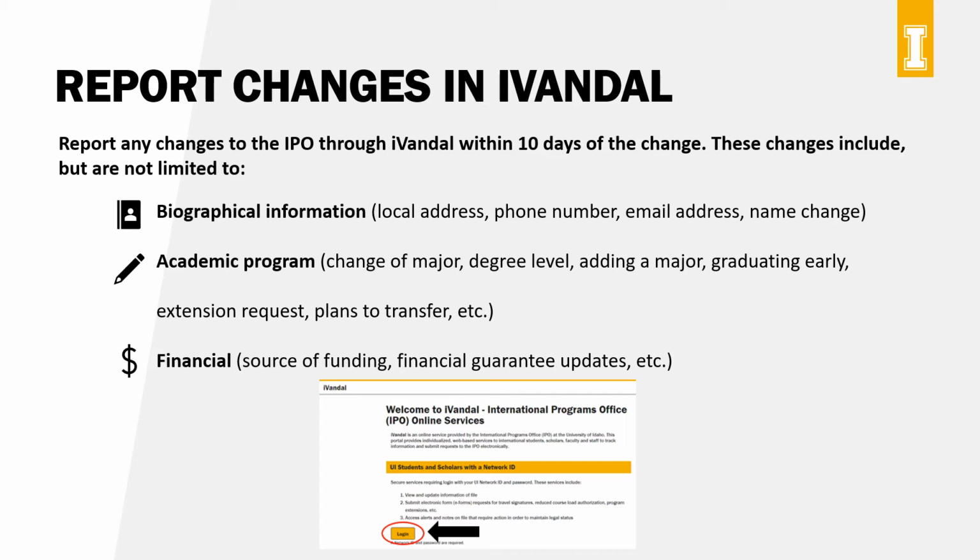If you have any changes to your financial records, including the source of funding, your financial guarantee, etc., you must make those changes in iVandal within 10 days of the change.